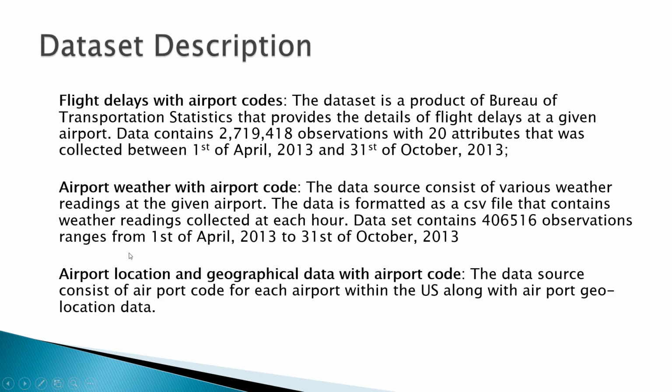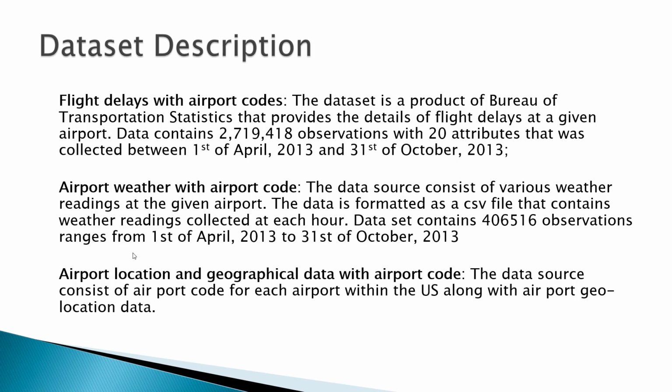The dataset description. I have three datasets. The first one is the flight delays with airport codes, which has about 2.7 million observations with 20 attributes that are collected from 1st of April 2013 to 31st of October 2013. This gives all the statistics of the airports and any weather related data around that airport.